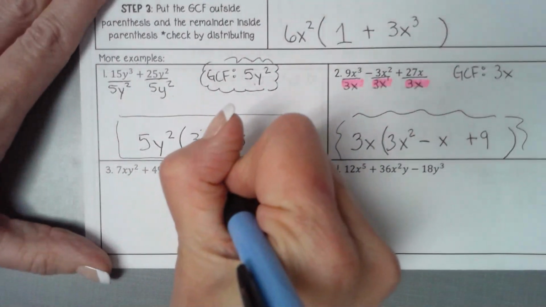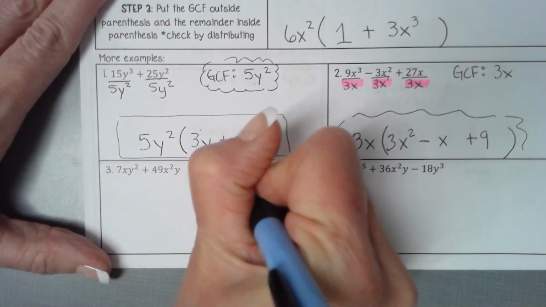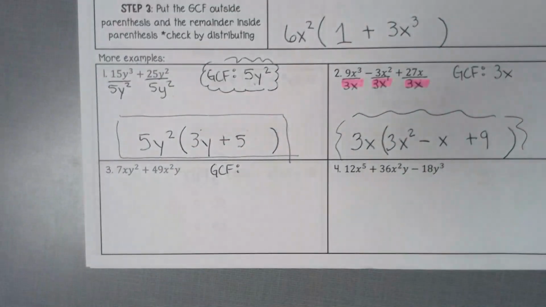All right. I'm going to pause. See if you can find the greatest common factor. Start with 7 and 49, then look at your x's, then look at your y's.